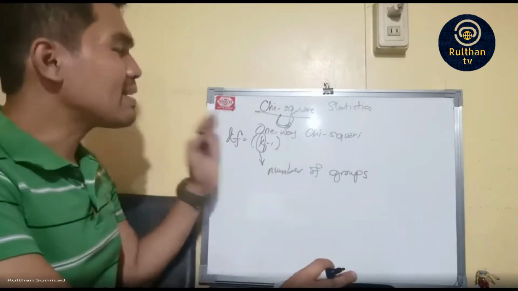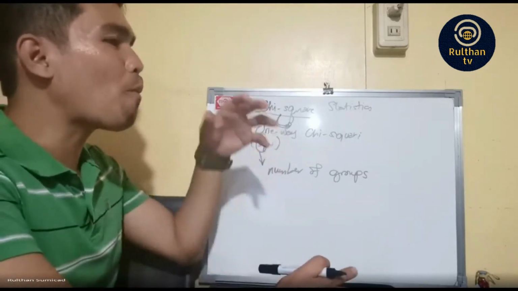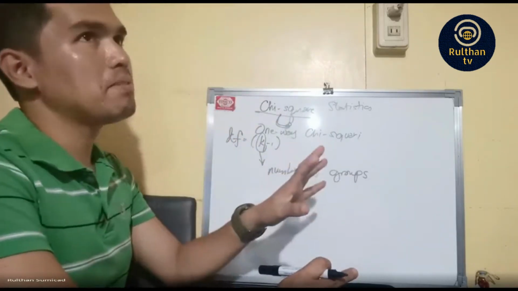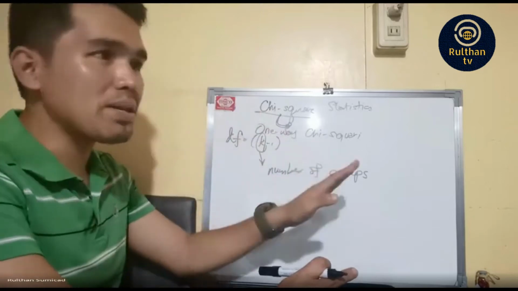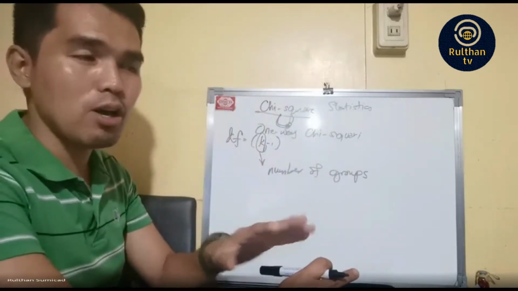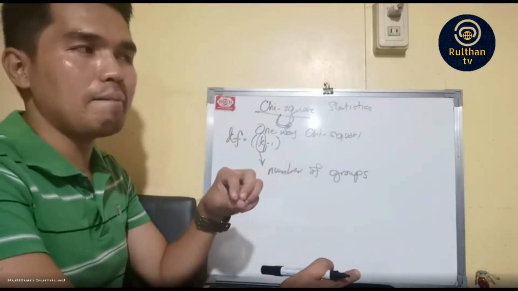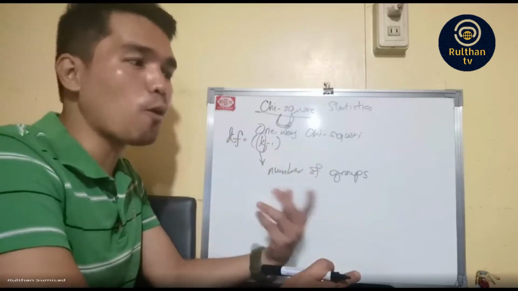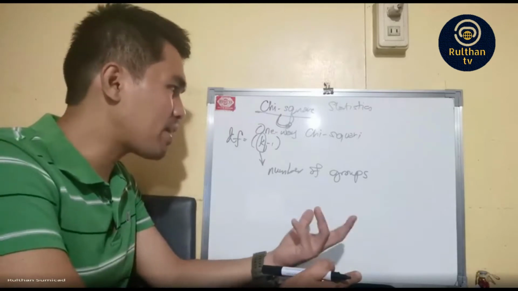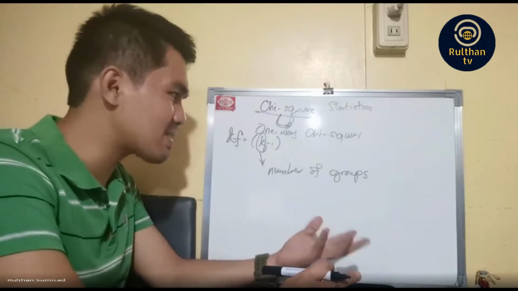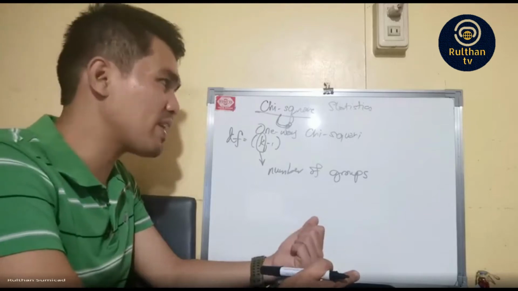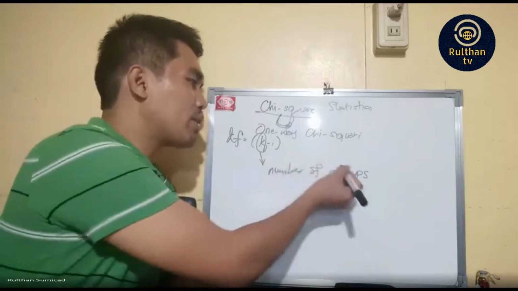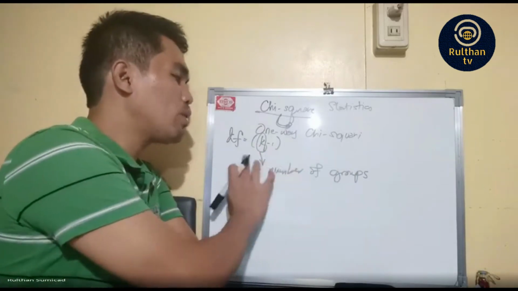In chi-square statistics, we compare the observed frequency to the expected frequency, whether they are related or not, whether the observed frequency is just right for the expected frequency. So basically, what we're going to have here is k minus 1, where k is the number of groups.